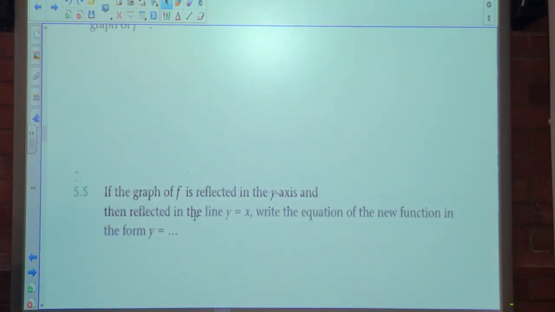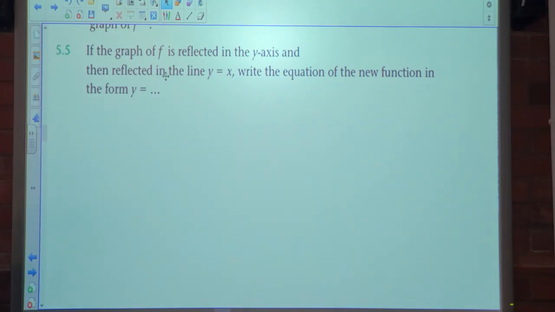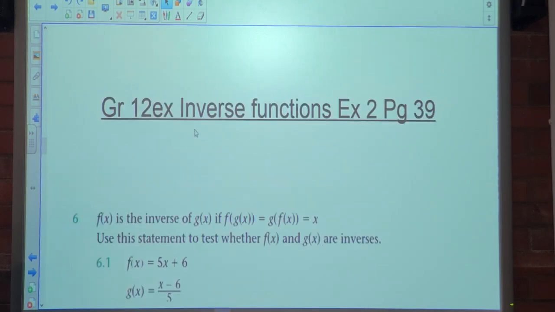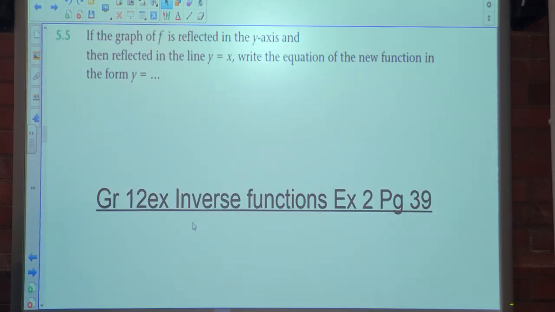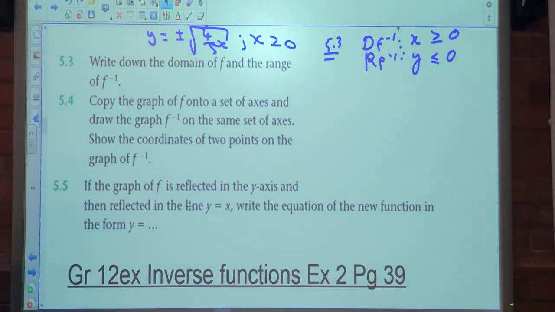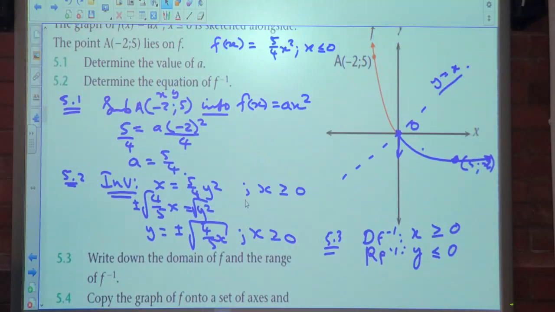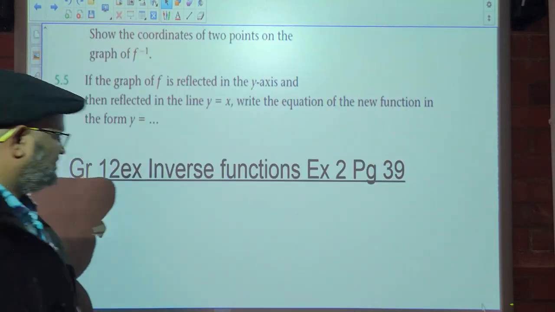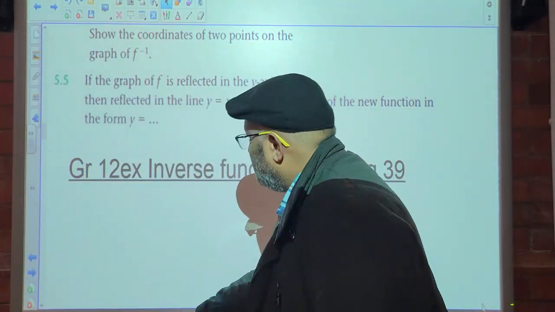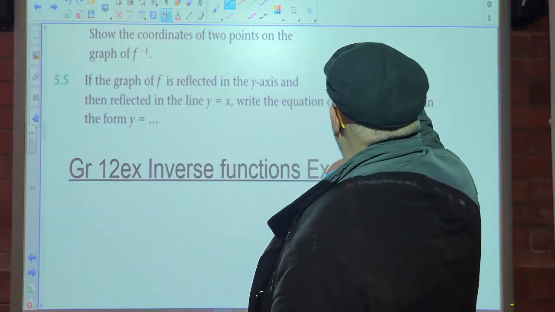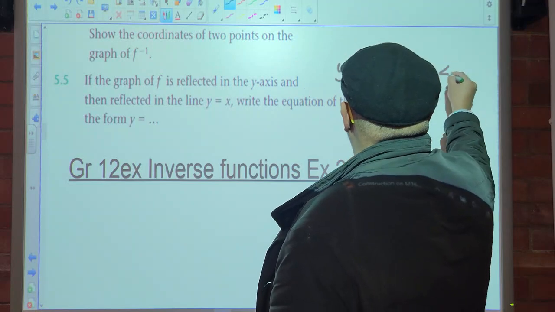5.5. If the graph of f is reflected in the y-axis, what is the equation of f of x? 5 over 4x squared. y is equal to 5 over 4x squared for x is less than or equal to 0.